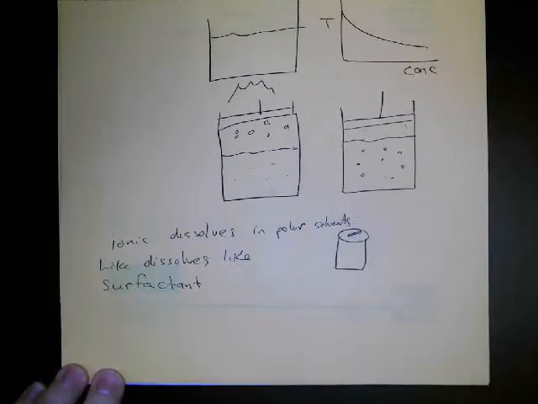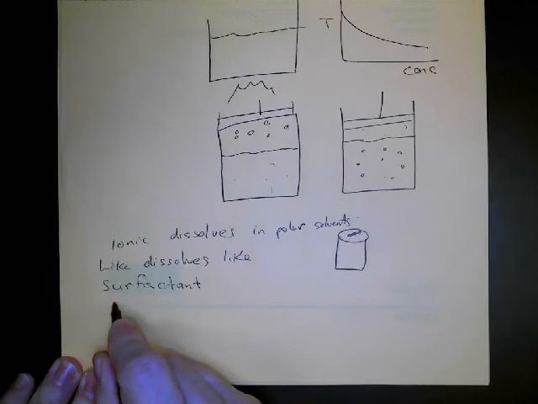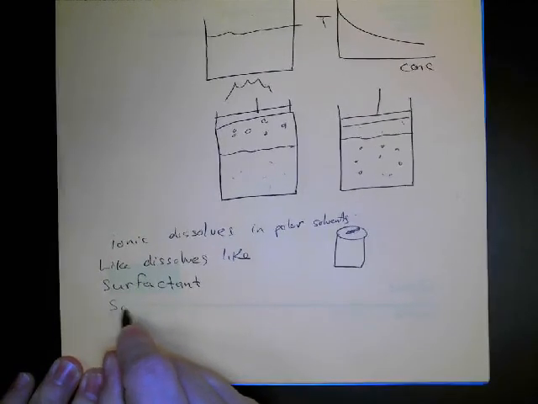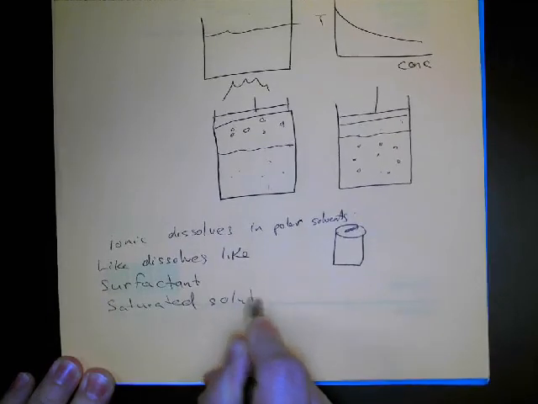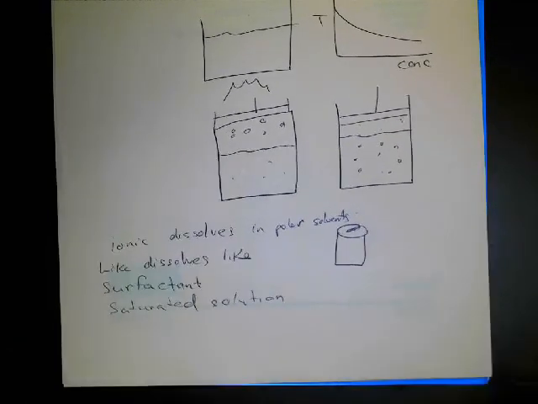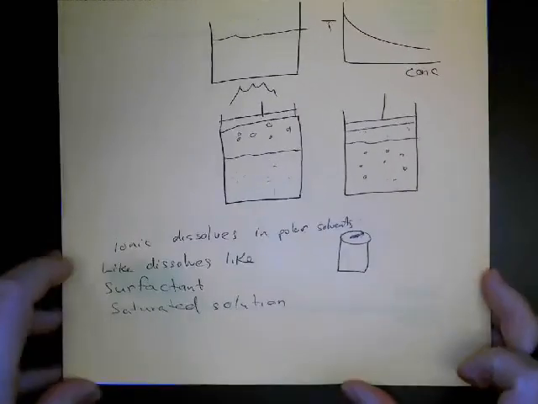We talked about how a saturated solution is a solution where you've put so much solute in that there is no more room for more solute, and the excess will just sit at the bottom and not mix.